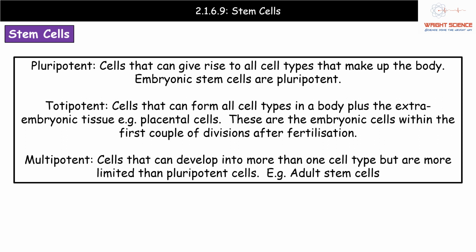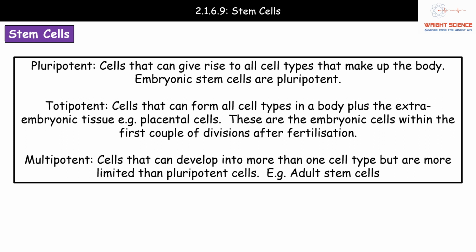The second term, totipotent, these are cells that can form all cell types in the body plus the extra embryonic tissue. So that means it can also form things like the cells of the placenta. Now, these are the types of cells that we find within an embryo in the first couple of divisions after fertilization.